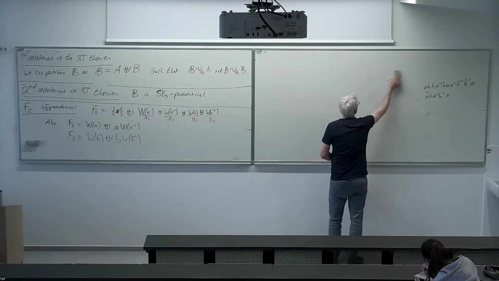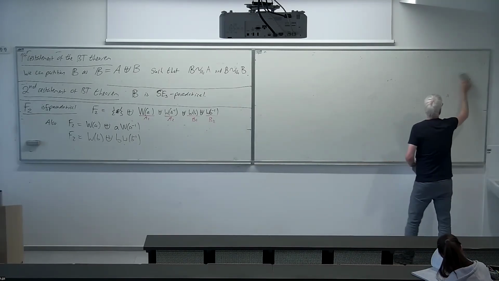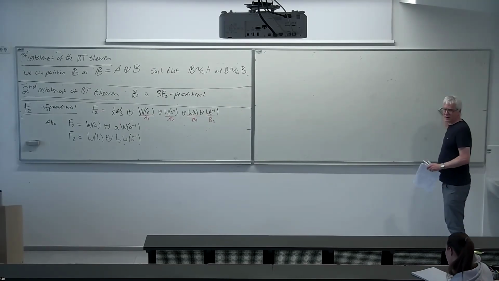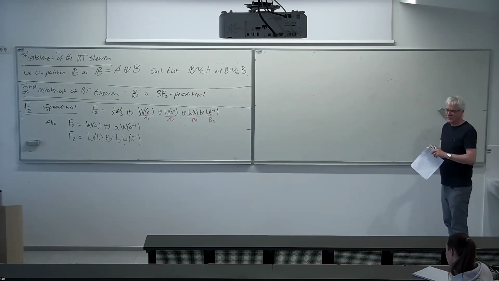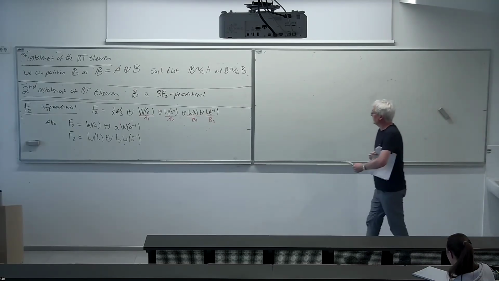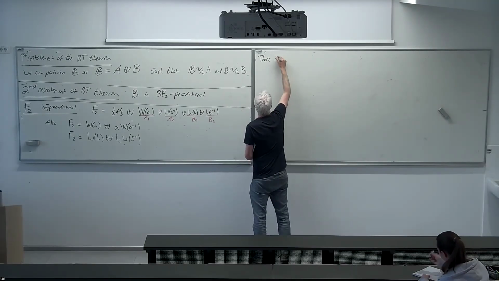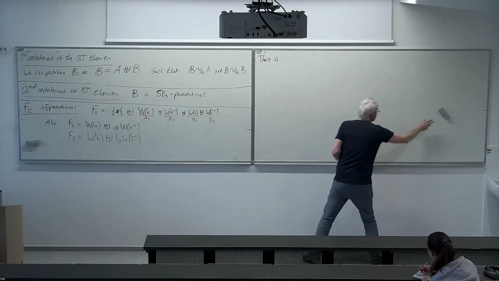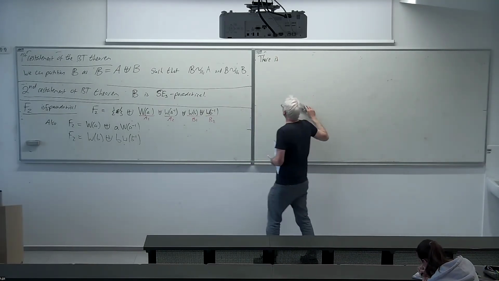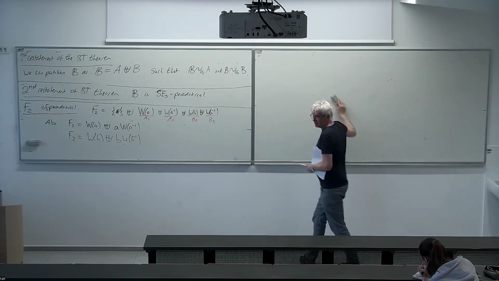So the geometry comes in now, and this is, in a sense, the hardest thing to show. I don't prove this, but I believe the details are in the book.